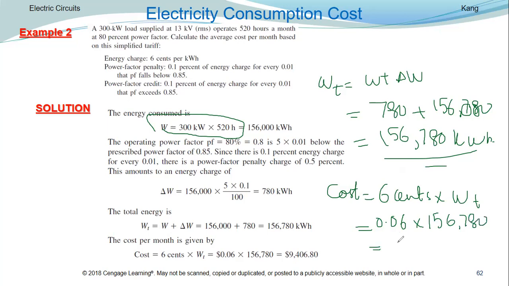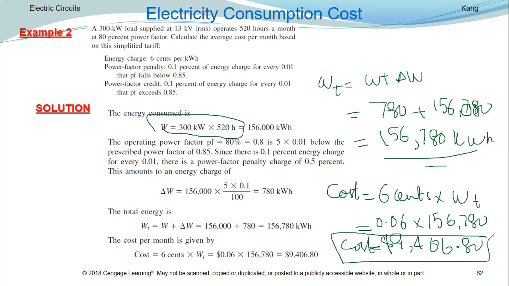So this will be equal to $9,406.80. So the cost will be this. This is the end of this numerical.